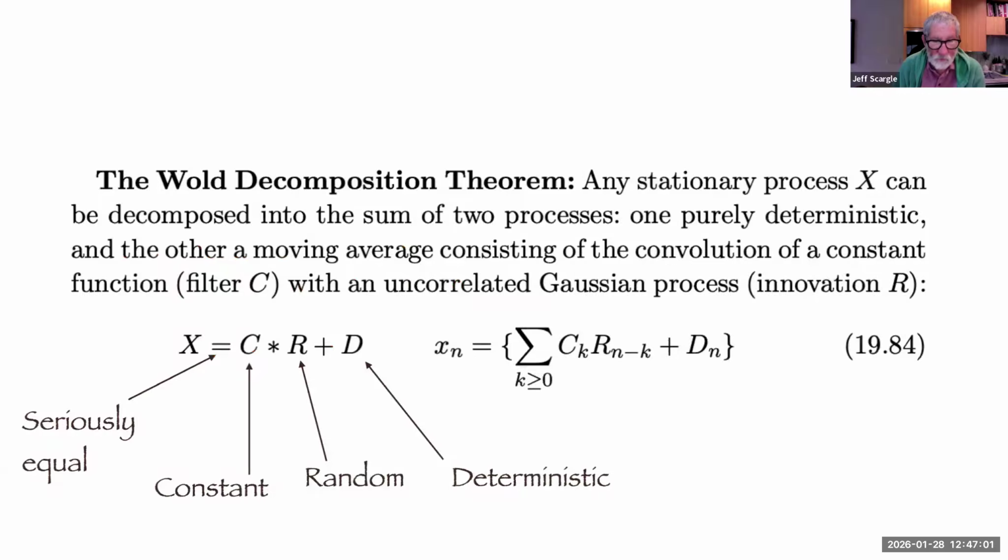Okay, the Wold decomposition, it's a classical theorem, I guess. It's in textbooks and so on. It says, with a restriction to stationarity, any stationary process has an exact representation as the sum of two processes, one a purely deterministic one, and the other a random one, as in a moving average.